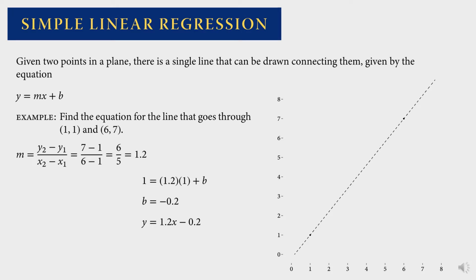For these 2 points, (1, 1) and (6, 7), the slope is 1.2 and the y-intercept, the b, is negative 0.2. The equation for the line running through the 2 points is y equals 1.2x minus 0.2.